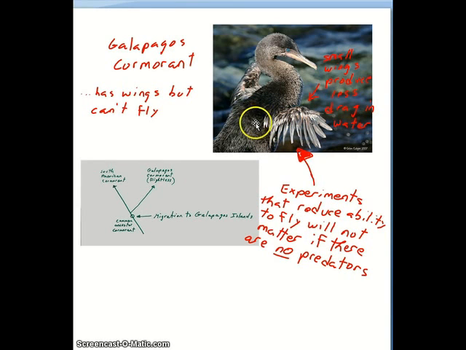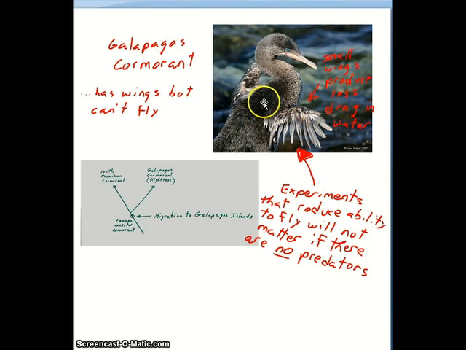Now again, how would natural selection produce this state of affairs? Well, when the cormorants colonized the islands, and remember they would be cormorants that could fly, over time, as David Hume would say, and Darwin would agree, nature will be experimenting with the wings of the offspring. And sometimes that experiment might be a reduction in the wing size or capability.